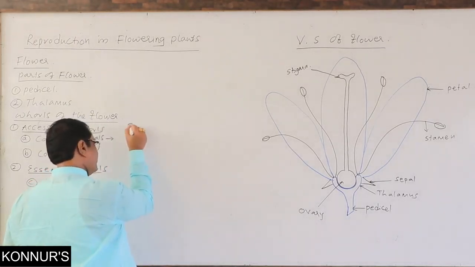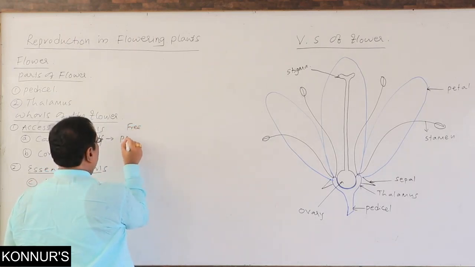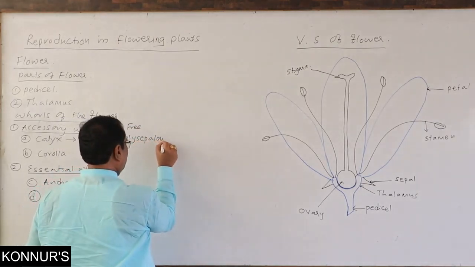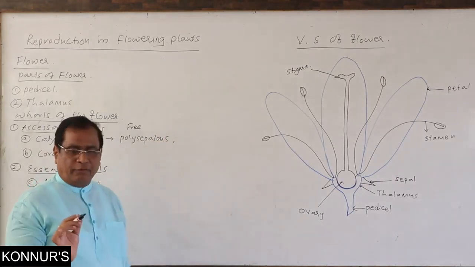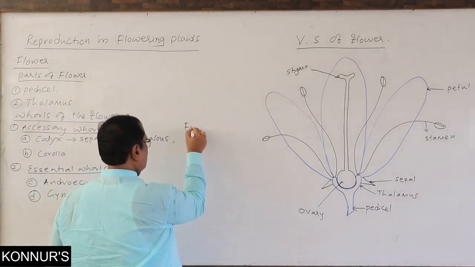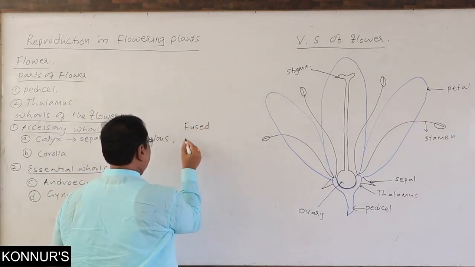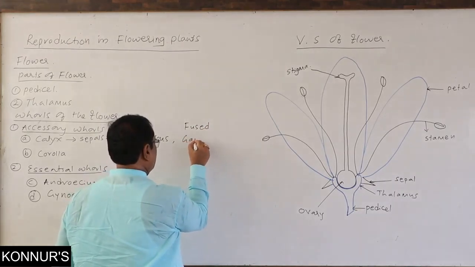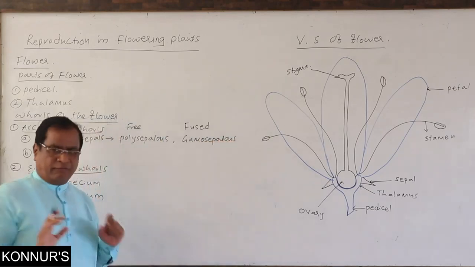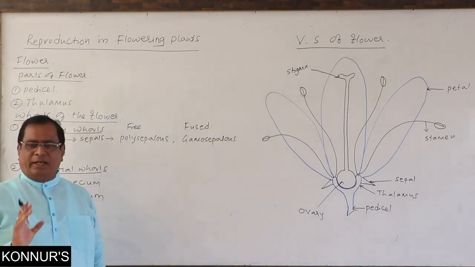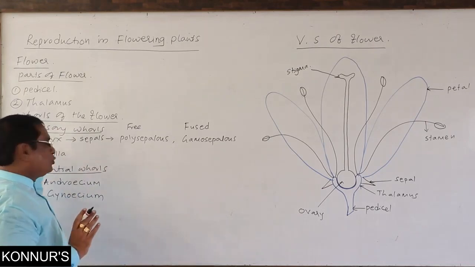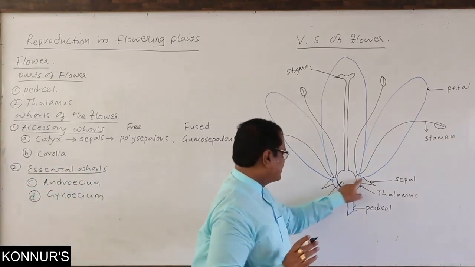If they are free, the condition is said to be polysepalous. If the sepals are fused, then the condition is said to be gamosepalous. And individual units of calyx are sepals.